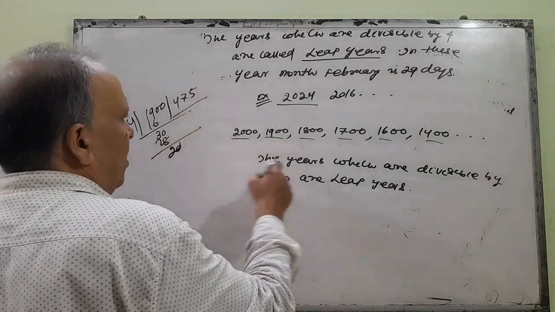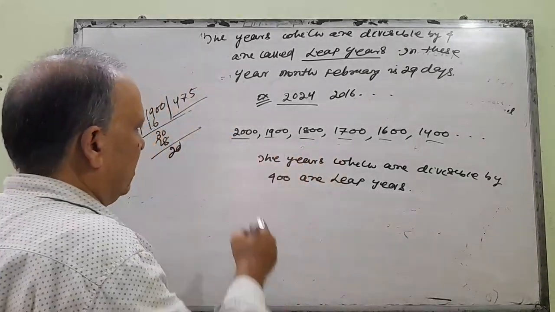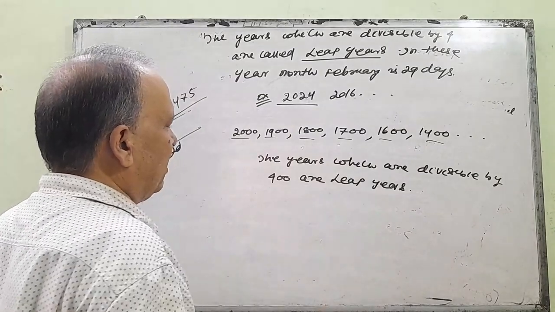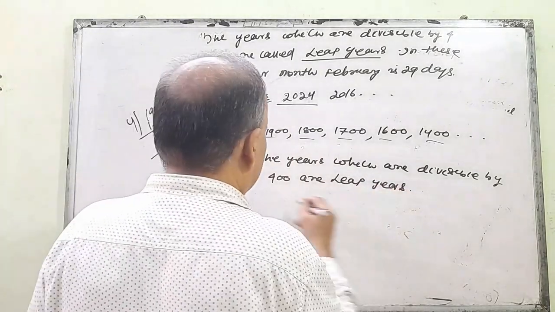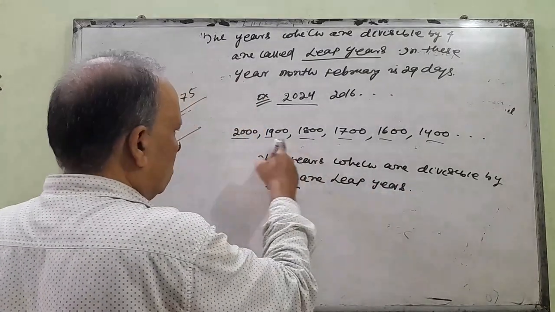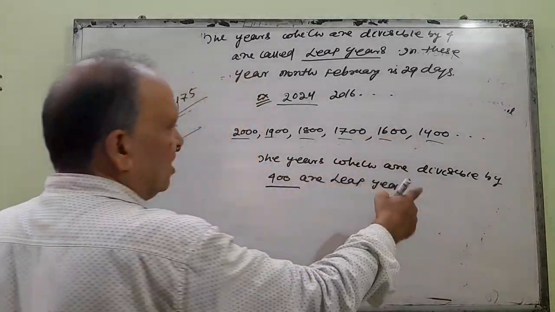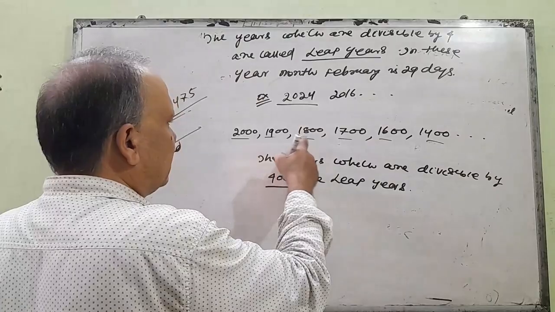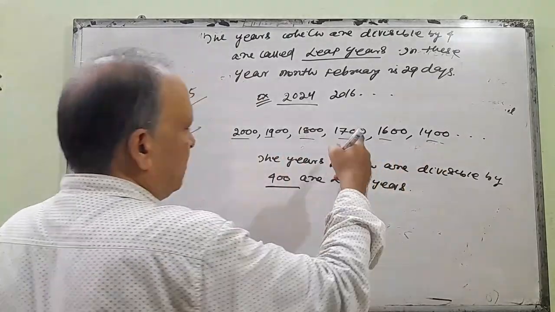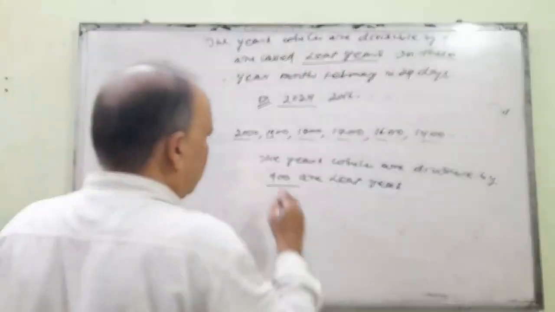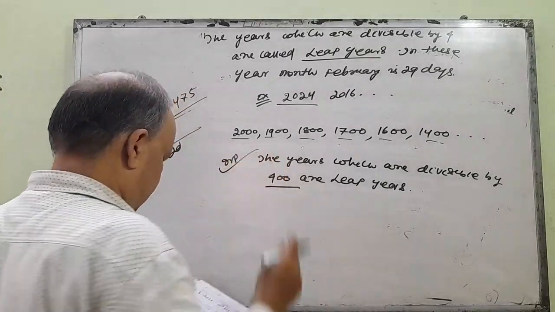This is divisible by 4, but this is not a leap year. Which are century ending years? Those years which are divisible by 400, your 2000, your 1600, these are leap years, but 1900, 1800, 1400, 1500, these are not leap years. You remember, this is a very important thing.